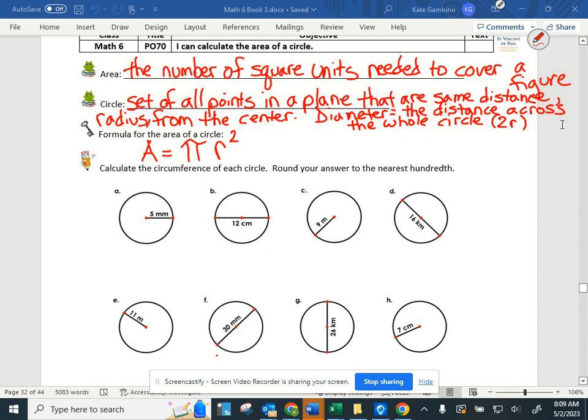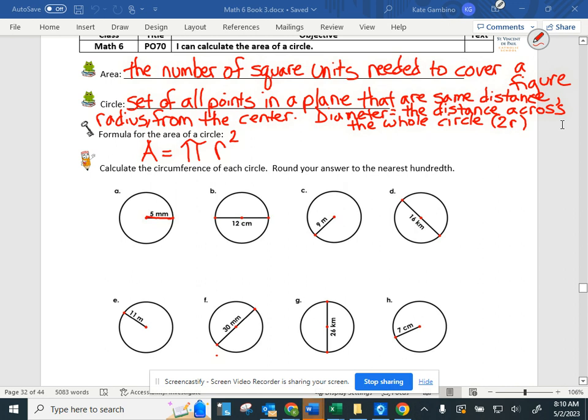Because that area is the square units needed to cover, we have to square our r. So what does it mean when we square something, James? Times it by itself. So if our radius is 5, we're going to do 5 times 5 squared, times pi.